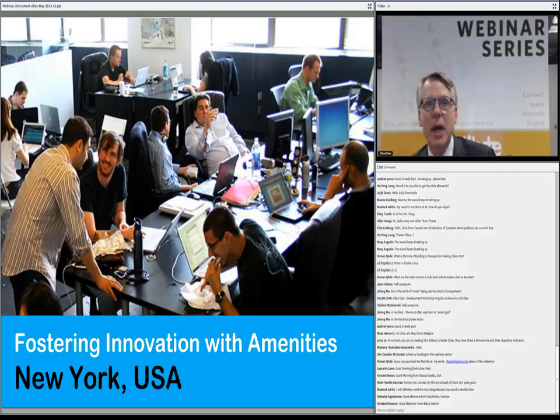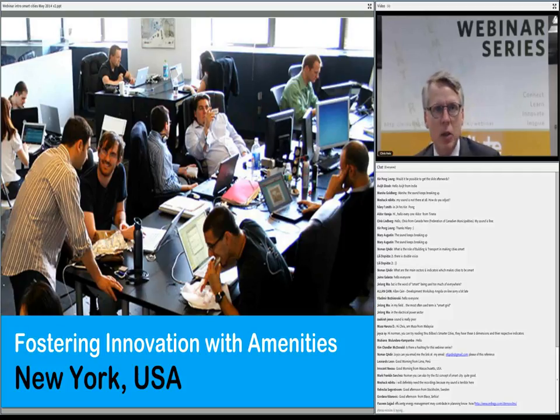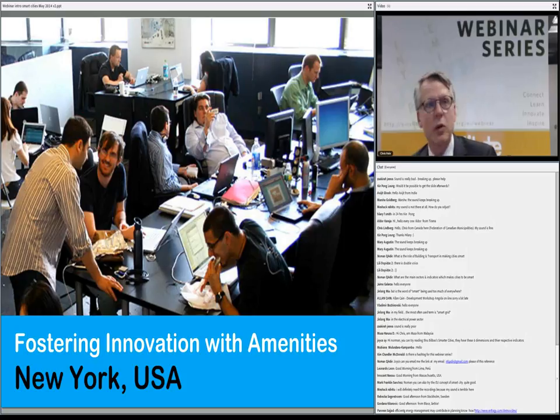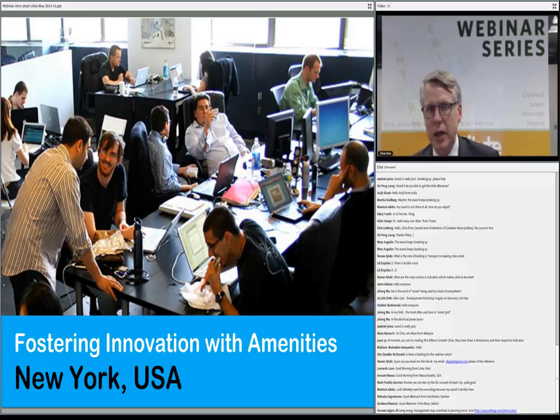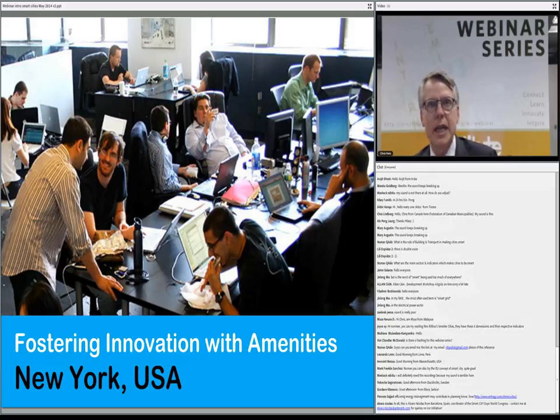And these amenities are simply spaces, whether they be co-working spaces, incubators, startup accelerators, whatever it may be. New York City has focused very much on creating these spaces. And what we know from experience in New York, but also Silicon Valley and other parts of the world, is that creativity builds on itself.